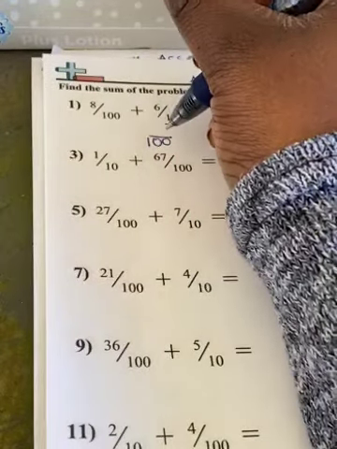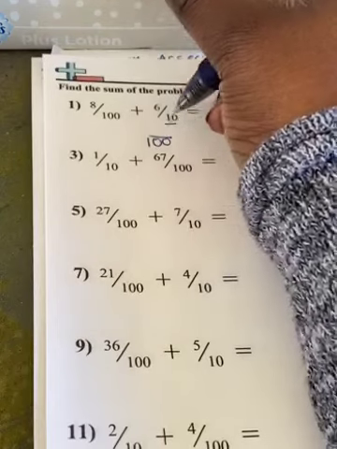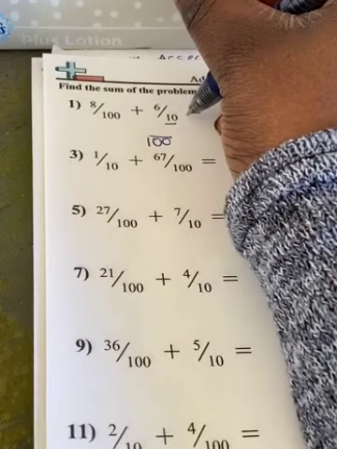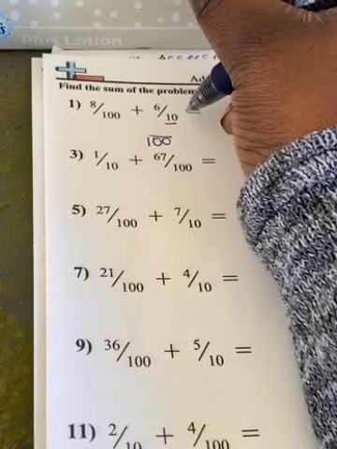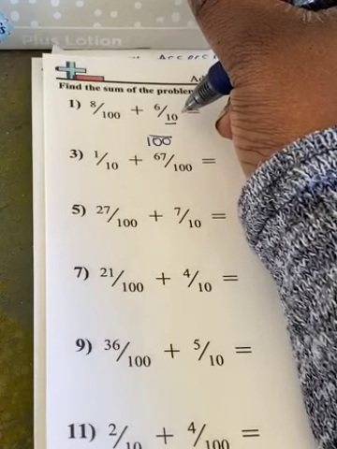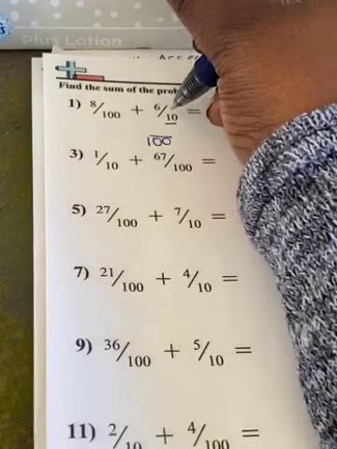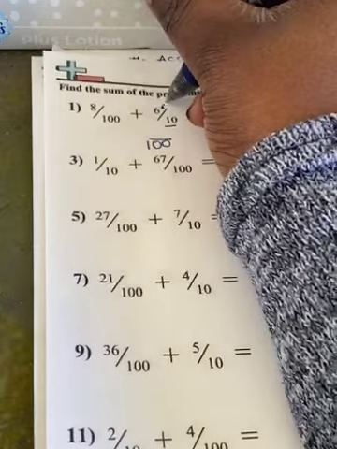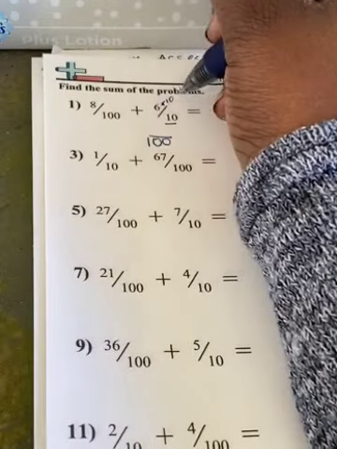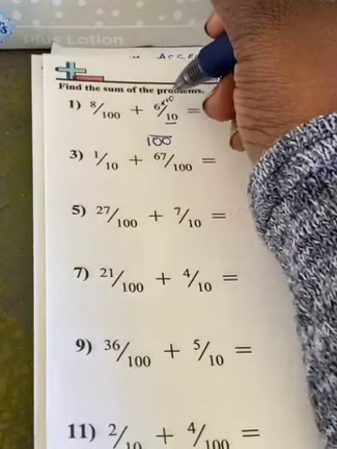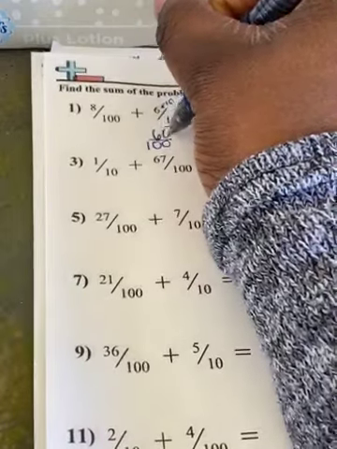And as I learned in the previous video, in order to make 10 to 100, I need to multiply by 10. So 10 times 10 is equal to 100. And if I multiply the bottom by 10, I have to do the same thing to the top. And 6 times 10 is going to give me 60.